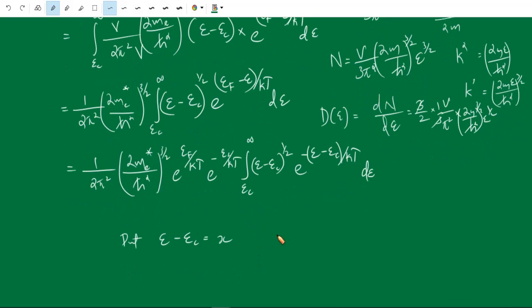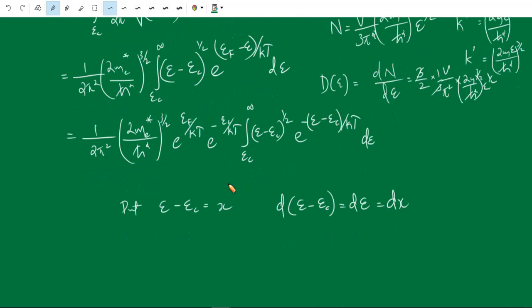Therefore d of (E minus EC), which, EC is a constant, is nothing but dE only, which is equal to dx. Now we have to change the limit also.